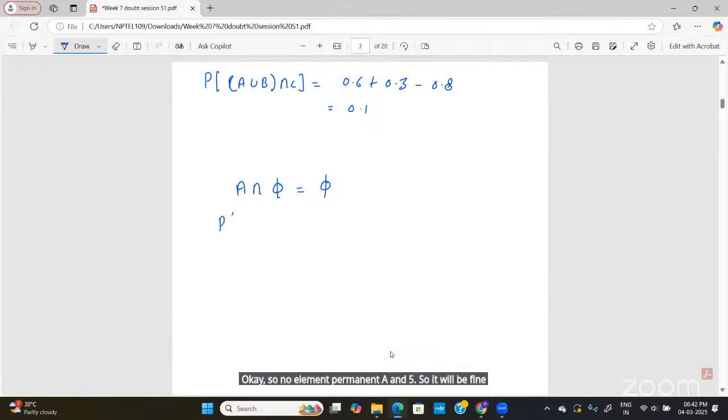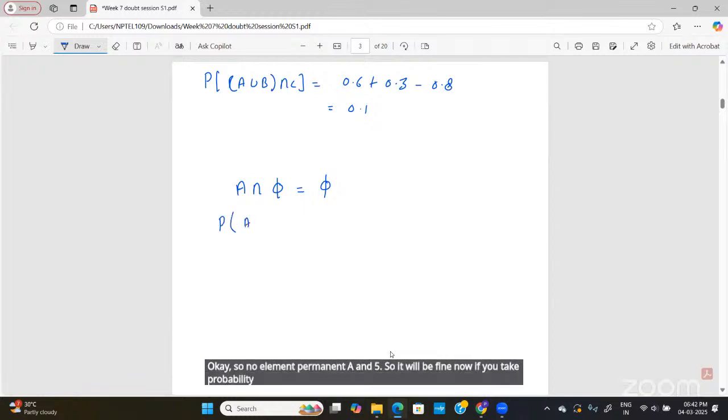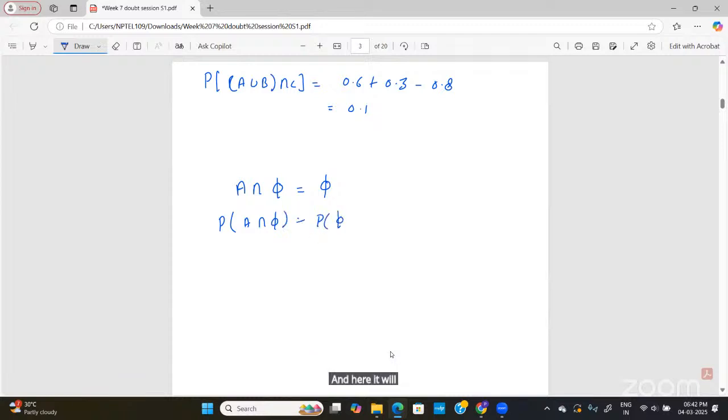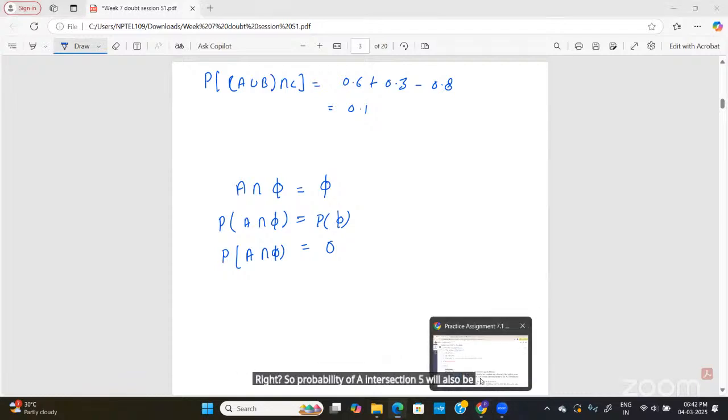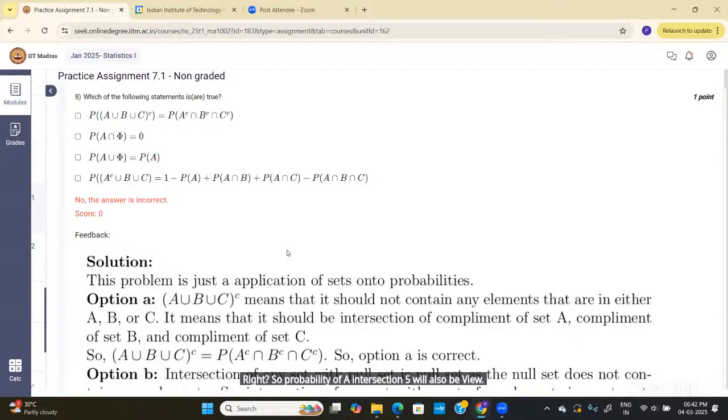Now, if you take probability at both sides, it will be probability of A intersection phi, and here it will be probability of phi. So probability of null set is 0, right? So probability of A intersection phi will also be 0. Now next is probability of A union phi.